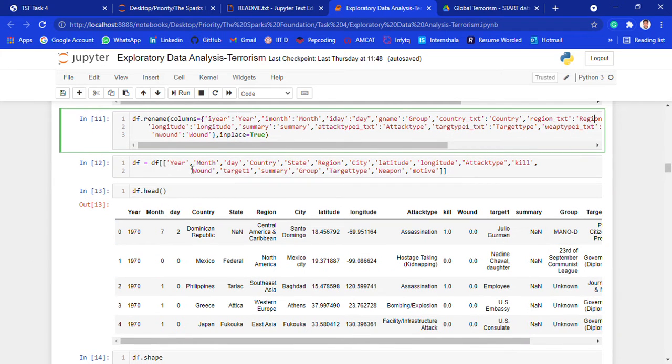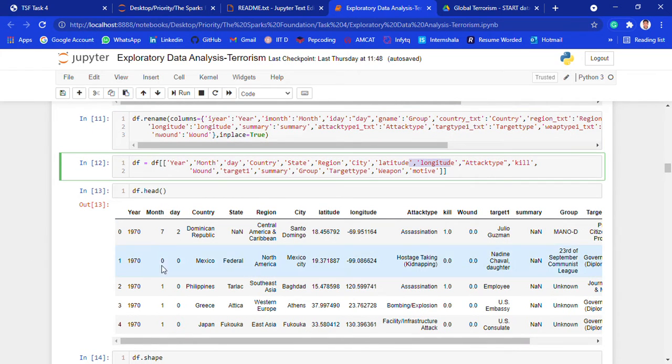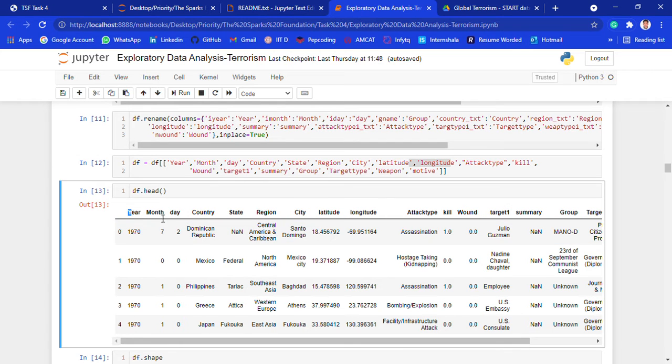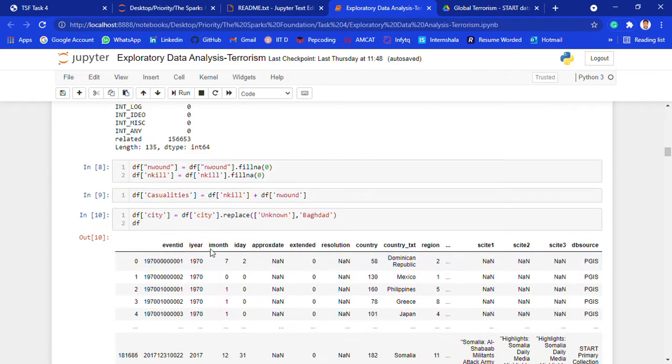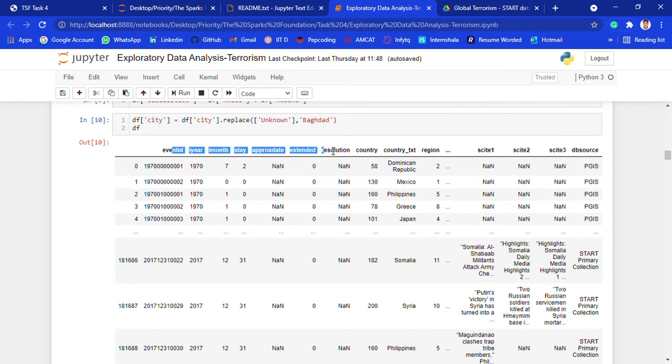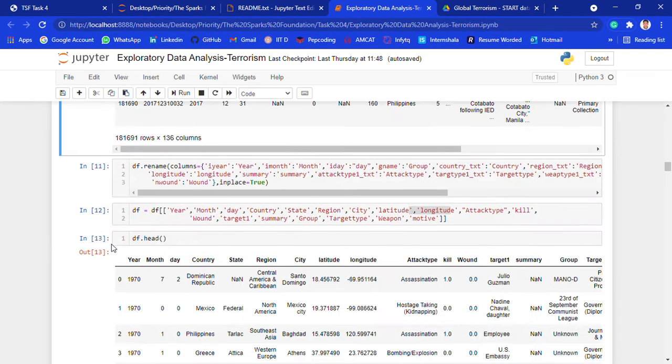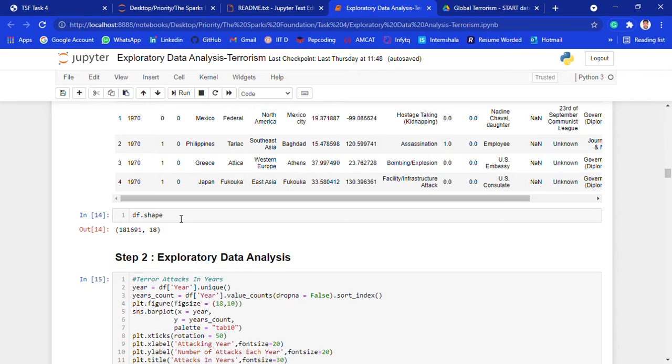You can see that we have replaced our column headings, like year, month, day, and all. Now checking our defined shape, and this is our shape.